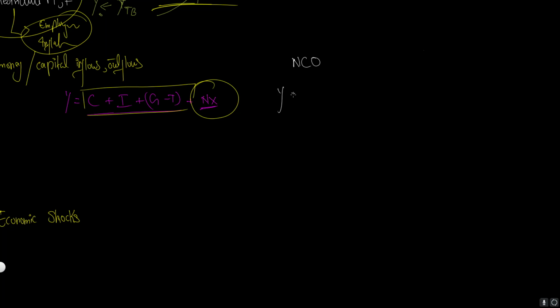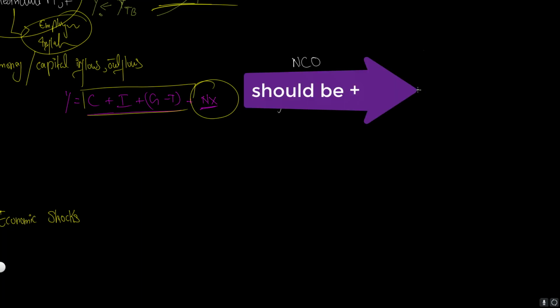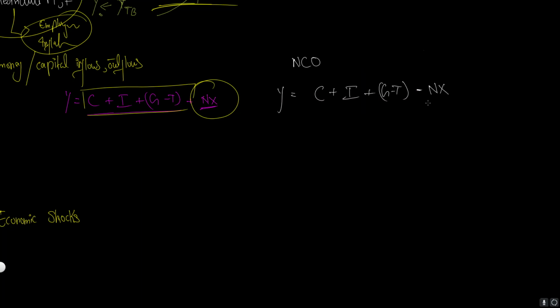So we know that income is equal to consumption plus investment plus government spending plus net exports. Net exports essentially is exports minus imports.